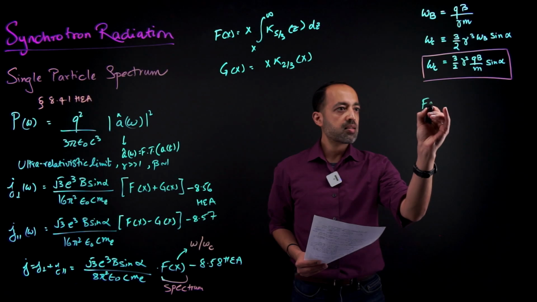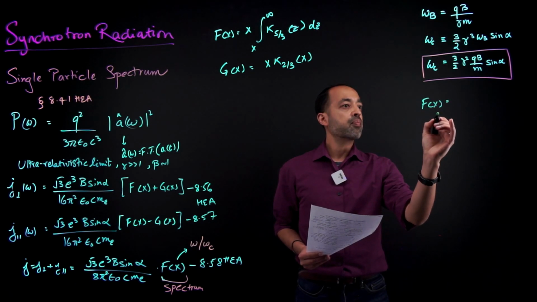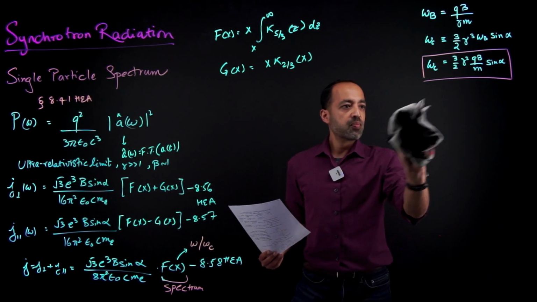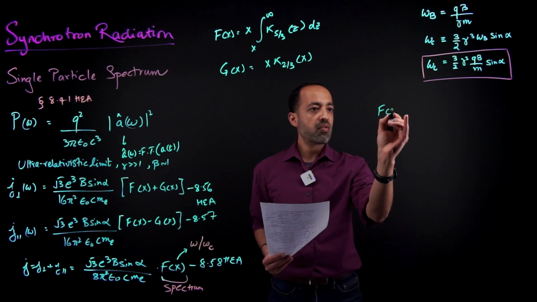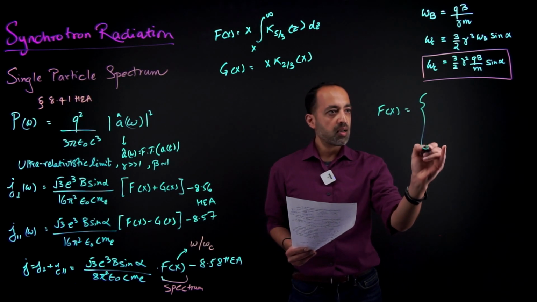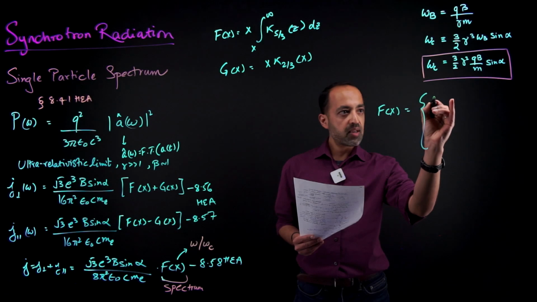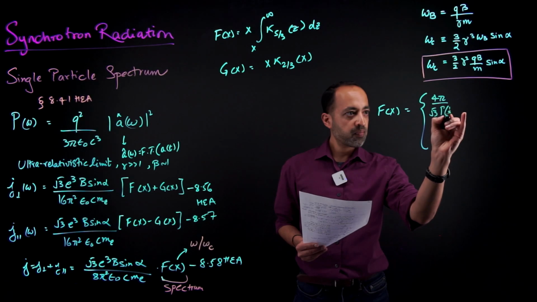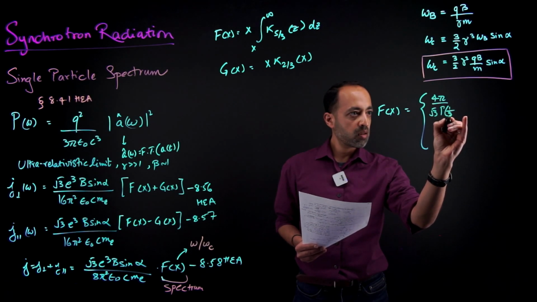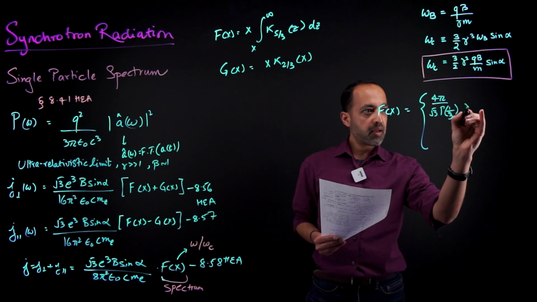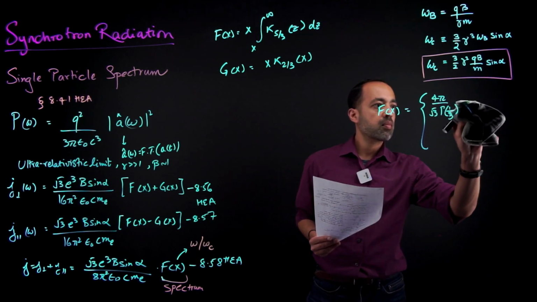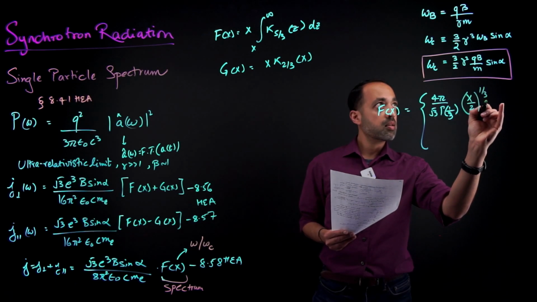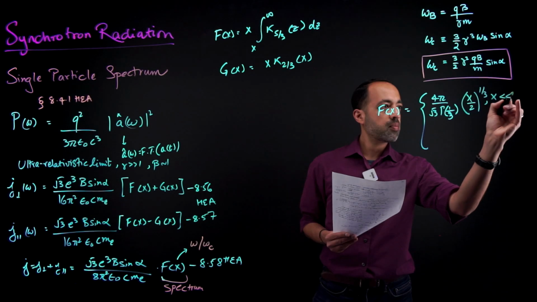So f of x, for small x, looks like this: 4 pi over root 3 gamma of 1/3, times x over 2 to the 1/3 power. This is for x much less than 1.